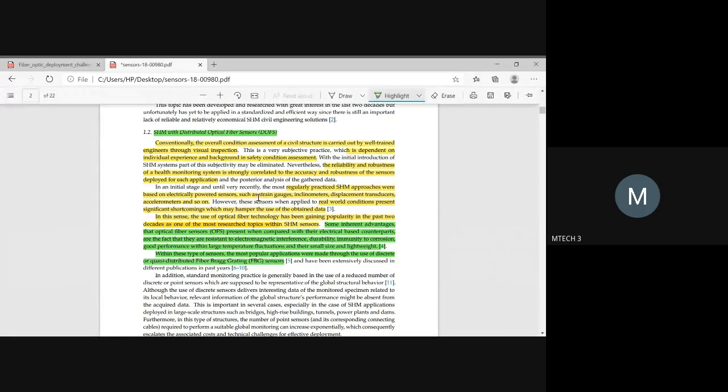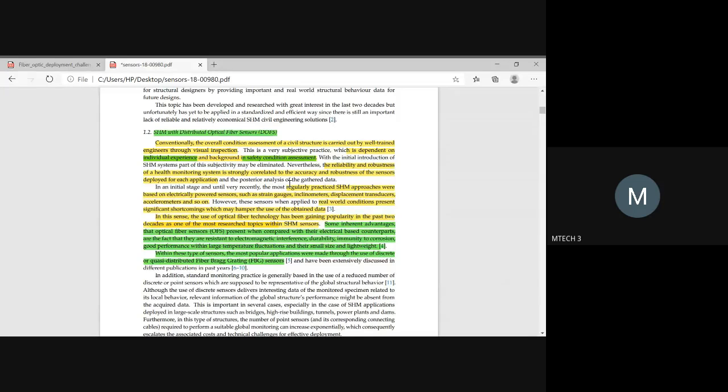It depends upon the individual experience and background when you can claim that it is a safety condition assessment. So all these things he has to measure. Okay, so this is a really cumbersome process which takes a huge amount of time, and hence it is a very easy way to go with our optical fiber sensors.